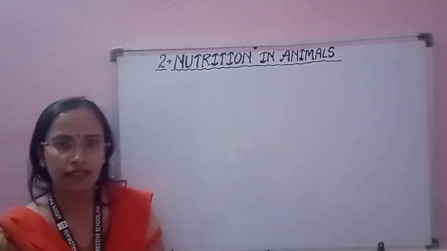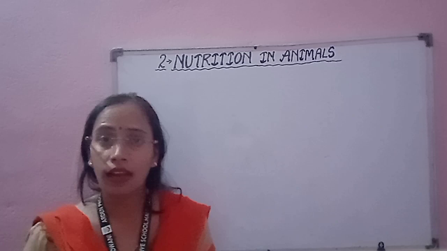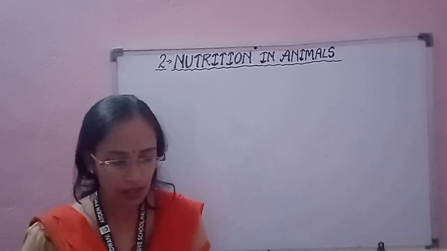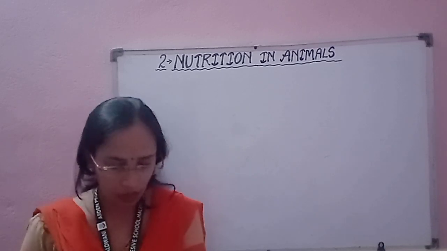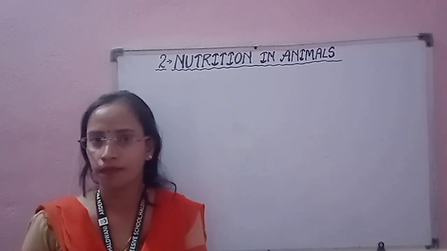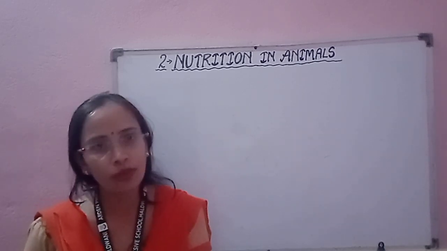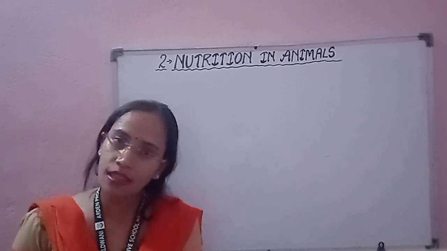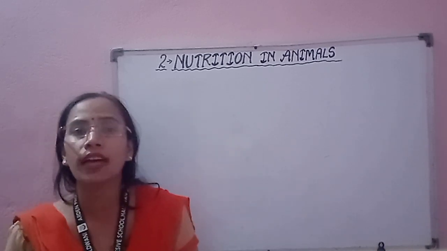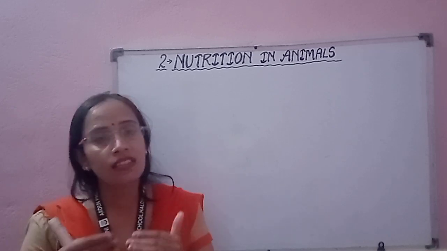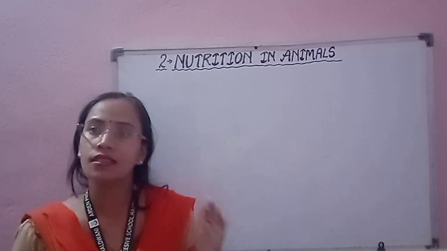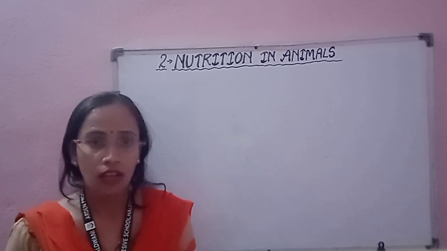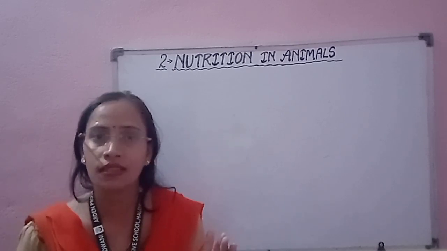Now, in your exercise, the first question is fill in the blanks. The main steps of nutrition in humans are... This I have told you already. We have discussed the steps of digestion. The steps of nutrition and the steps of digestion are the same. Clear? So there are 5 steps.